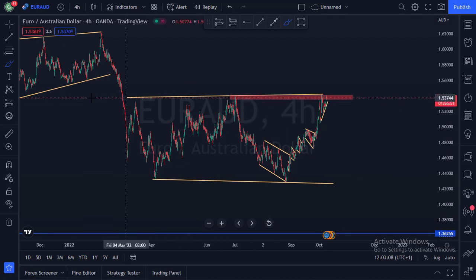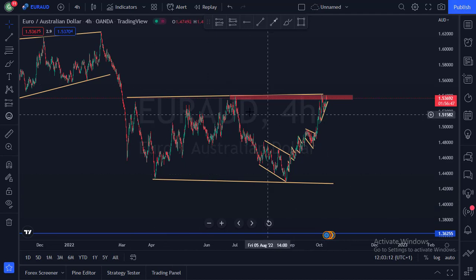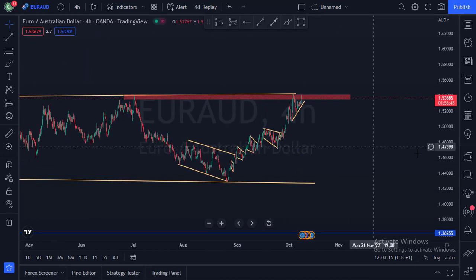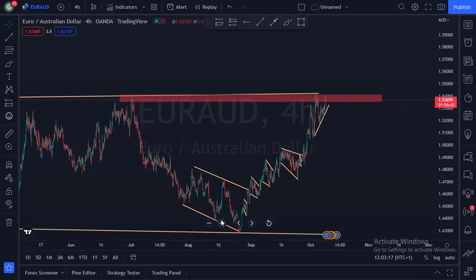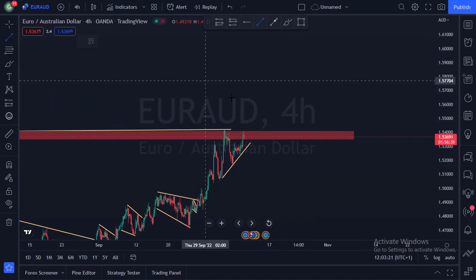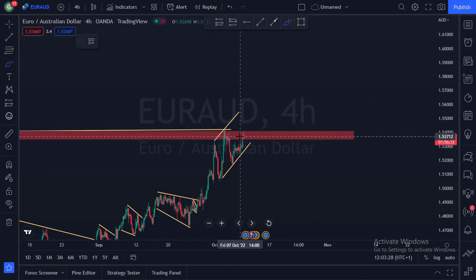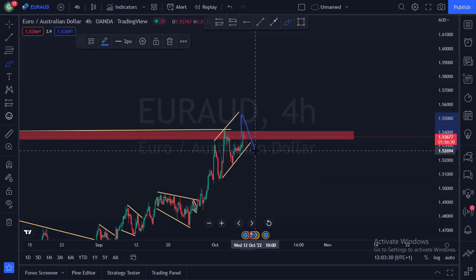Then you go to the 4-hour time frame to see what the price is doing. At this point, I can clearly see that price is about to complete this corrective structure. So what I'm expecting price to do here is form a larger or a smaller ascending channel, like so. Price could go all the way up, test that, and then come down.